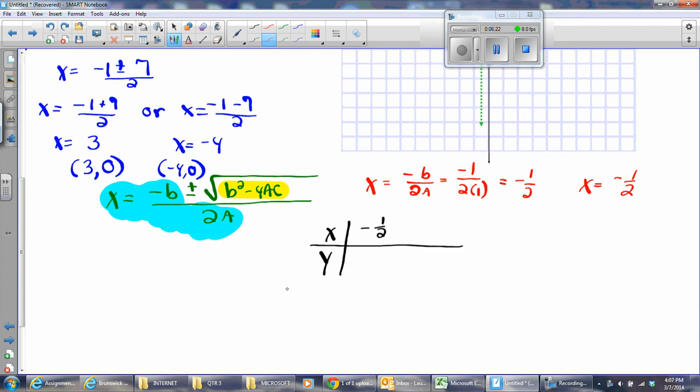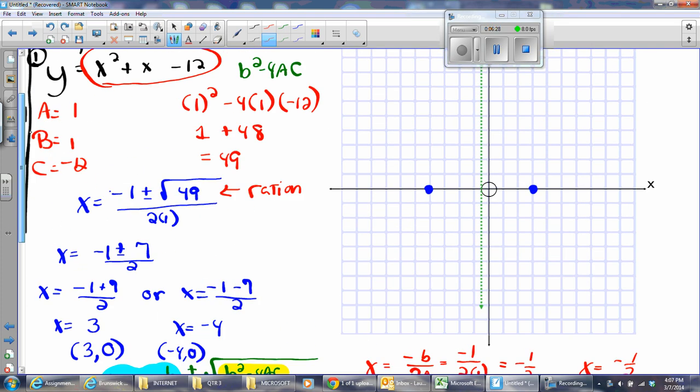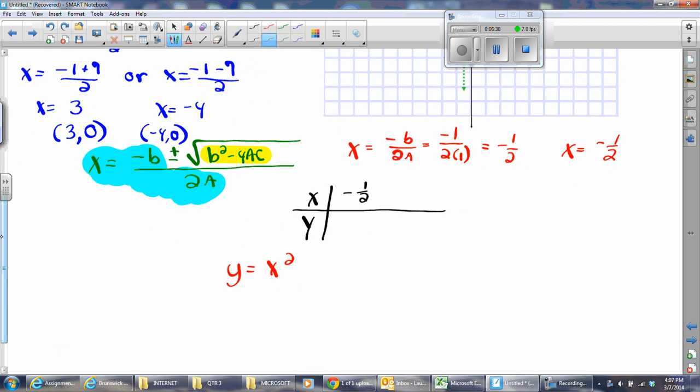So I've got y equals x squared, was it minus x or plus x? I think it was plus x minus 12. So plus x minus 12. Wherever I see an x, I'm going to substitute in a negative 1/2.